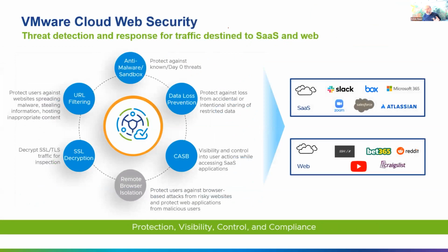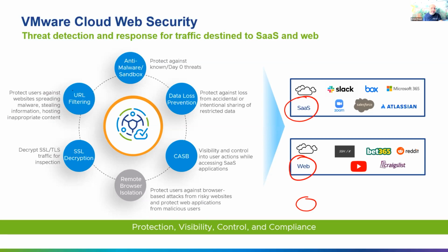The second capability we talked about is cloud web security, which has multiple capabilities. The VMware Cloud Web Security is a cloud-hosted security service that will help you protect users, your home users and enterprise users, against the infrastructure. Basically, it will protect your enterprise infrastructure, whether it is web-based, on-prem based, or SaaS application based.